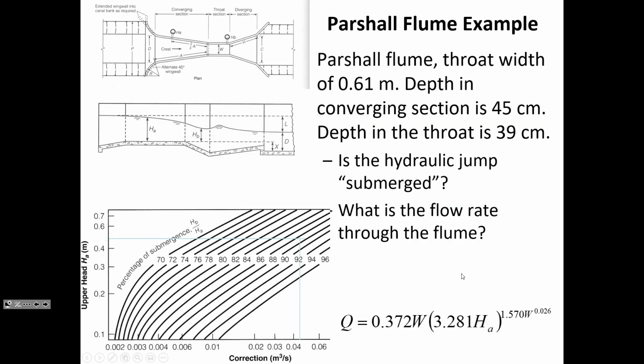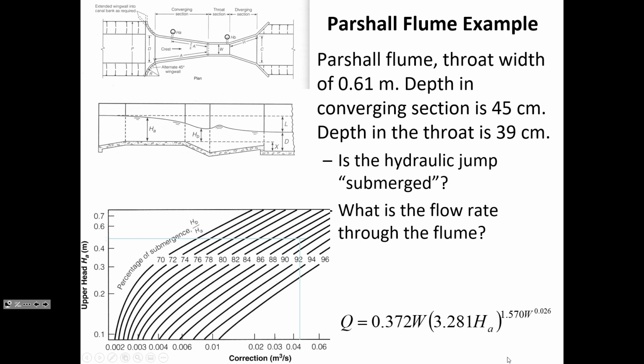Okay, so here's the formula that we use for the free flow capacity. So the Q free flow is going to be 0.372 times the width, and I'll just make that substitution now. You see the equation we're substituting into on the screen.